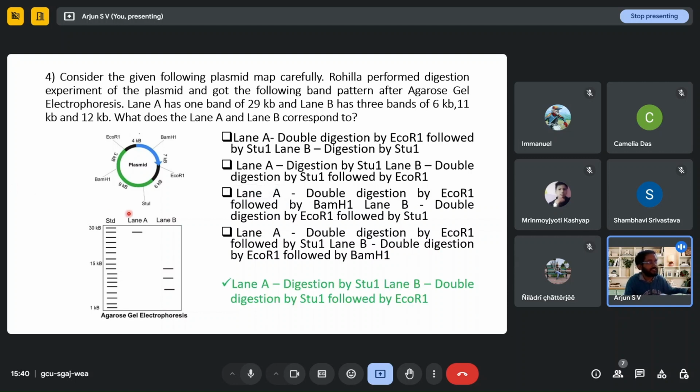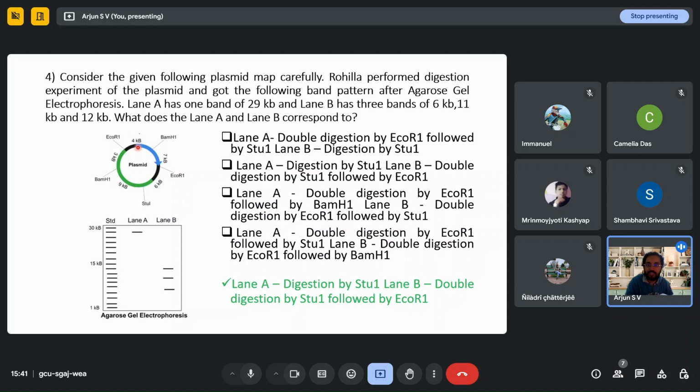So the correct option will be option B only, which is digestion by StuI in lane A, and lane B is double digestion by StuI followed by EcoRI. But still, let's see what happens when you digest it in lane B. You cut with StuI here, and then you double digest with EcoRI, so here and here.